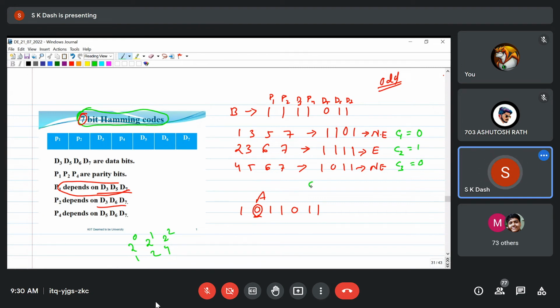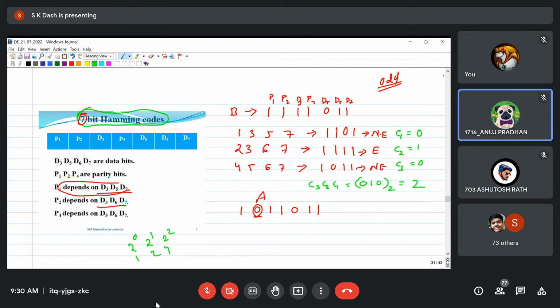Next we write C3, C2, C1, which is 0, 1, 0. Converting it into decimal, we get 2. That means the error is in the second bit position. It needs to be rectified, so it needs to be changed to 0.